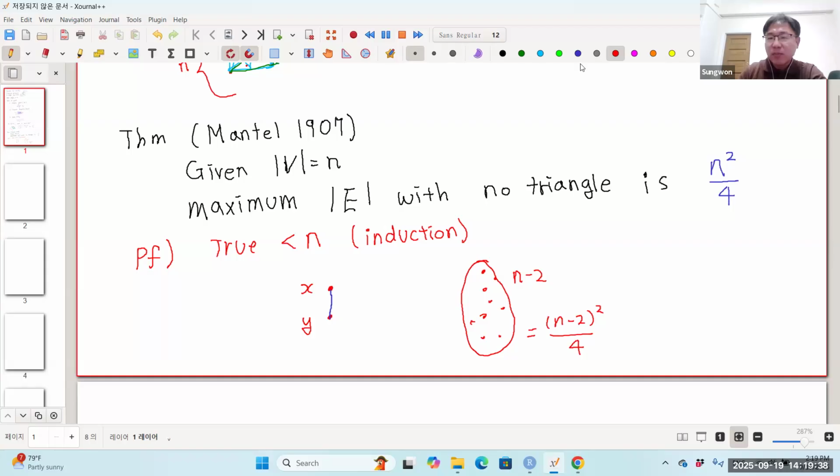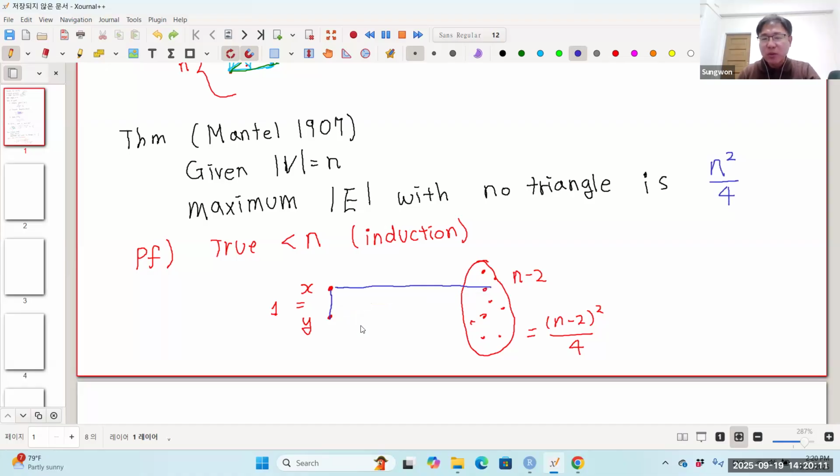Also there's one edge here, that's equal to 1. And then there are the edges connecting the set x, y and these n minus 2 vertices. But when they do that, x and y should not have a common neighbor, right? If they have a common neighbor like this, then now they have a triangle.